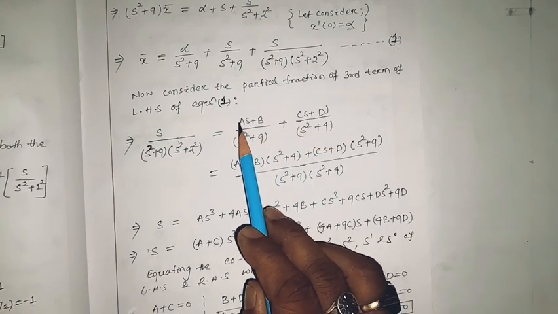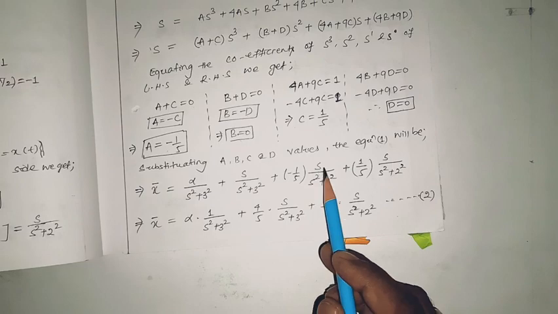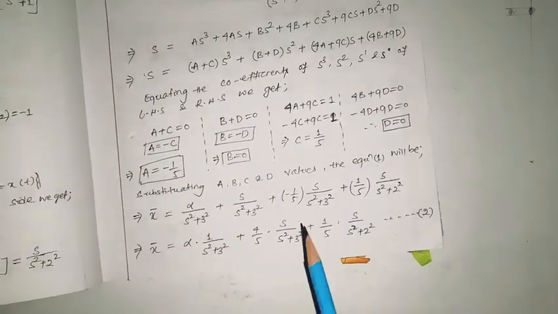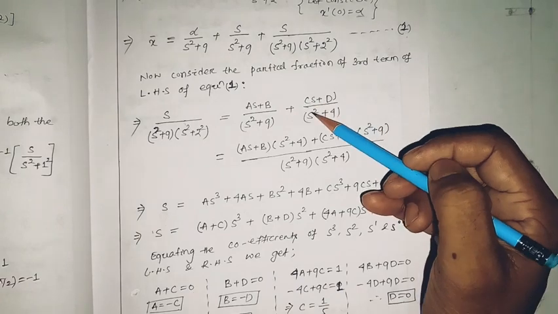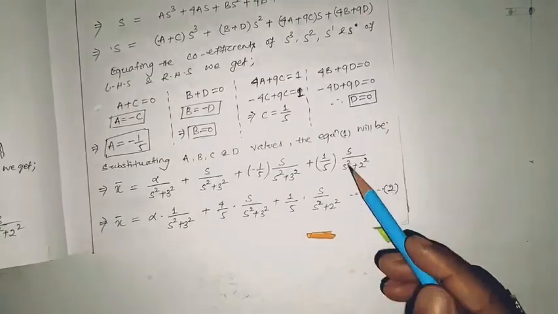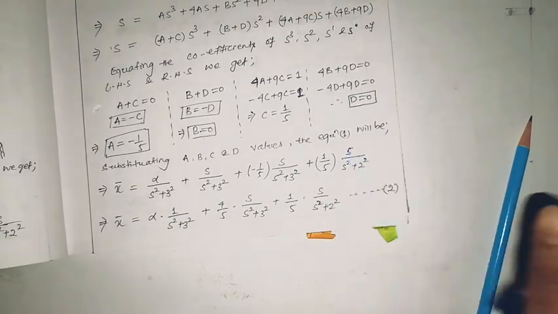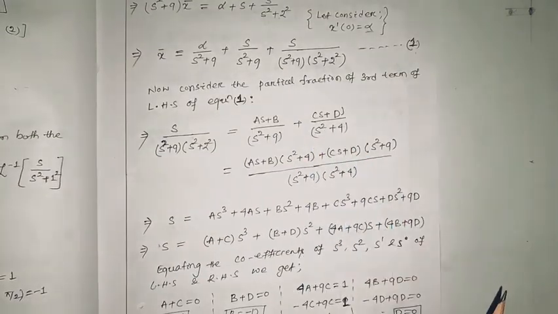So here a equal to minus 1 by 5, b equal to 0, so minus 1 by 5 into 1 by s squared plus 3 squared, then cs plus d, here d is 0 and c is 1 by 5, so 1 by 5 into s by s squared plus 2 squared. Okay, s squared plus 2 squared, because s squared plus 4 is there, so s squared plus 2 squared.